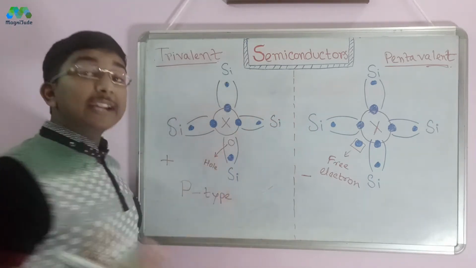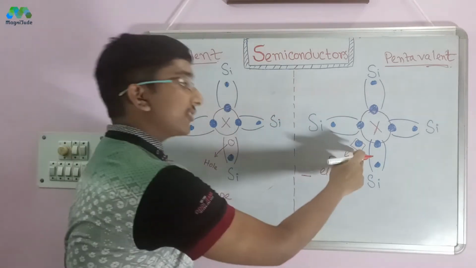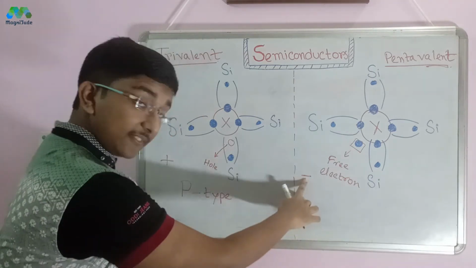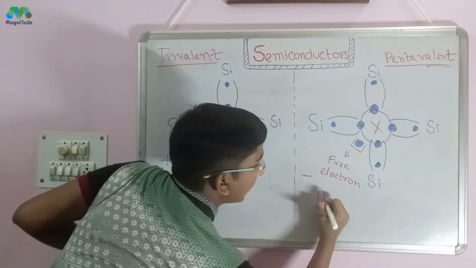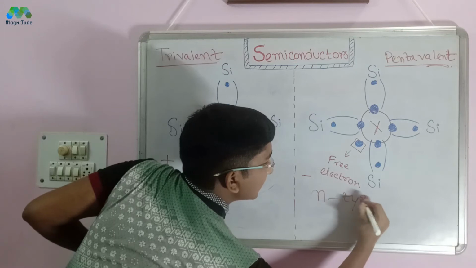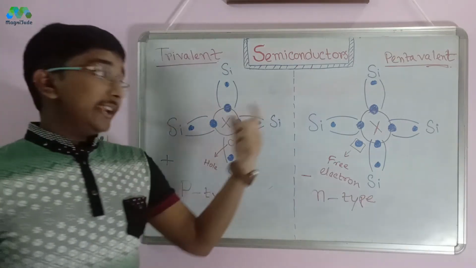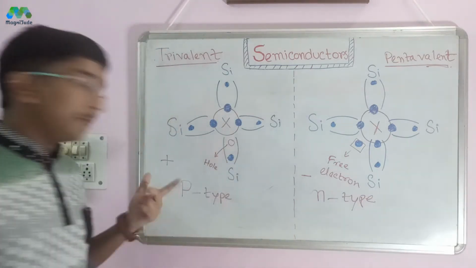And when we add pentavalent impurity, one electron will be extra and it is negatively charged, so it is known as N-type semiconductor. N for negative and P for positive.